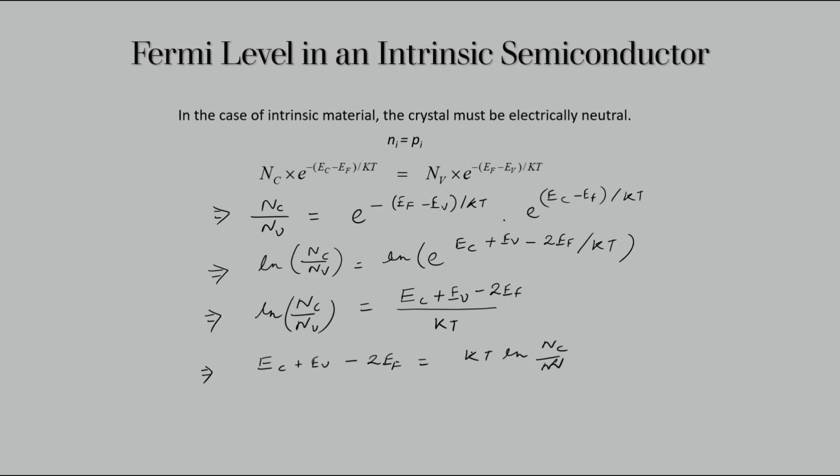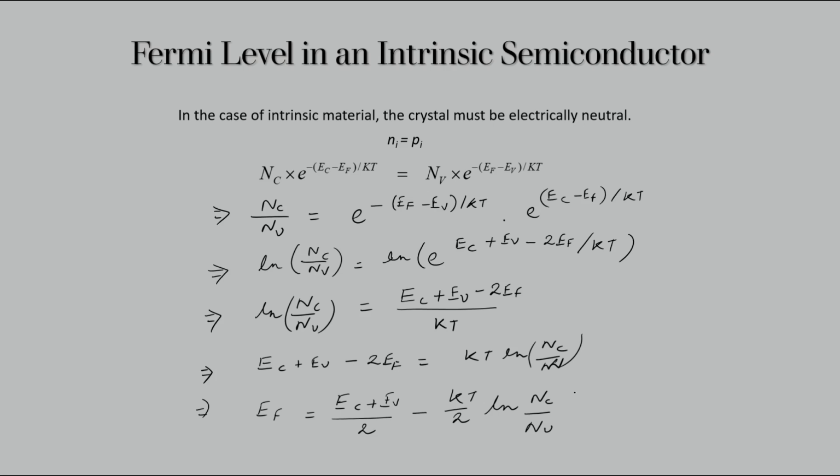Okay, so from here if I determine the value of Ef, it will be given as (Ec plus Ev) divided by 2 minus kT by 2 ln Nc by Nv.